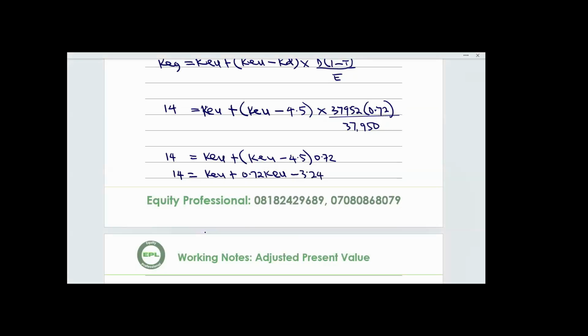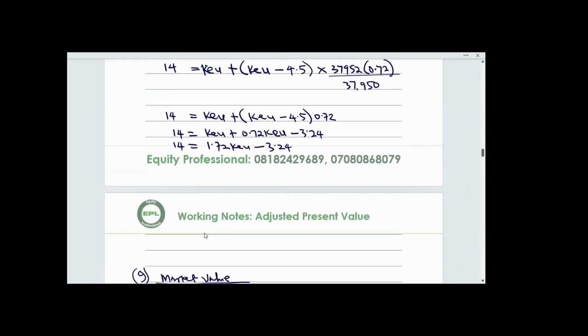You then collect like terms. I have 14 equals KEU is 1, so 1 plus 0.72 will give us 1.72 KEU minus 3.24. Then you collect like terms.